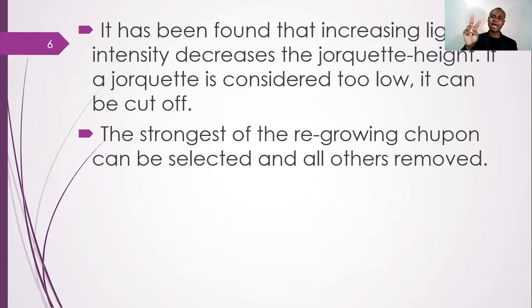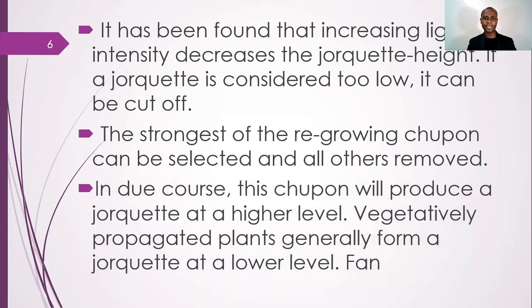So maybe you want to allow 2 stems, which means that any other stem growing needs to be cut off. In due course, the coupon will produce a jockey at a higher level.